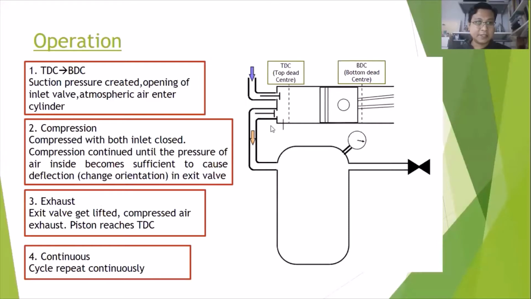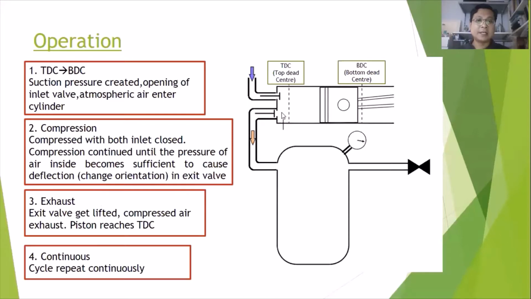So after the TDC process, we go to the second process, which we call compression. Compress with both inlets closed, compression continues until the pressure of the air inside becomes sufficient to cause deflection in the exit valve.